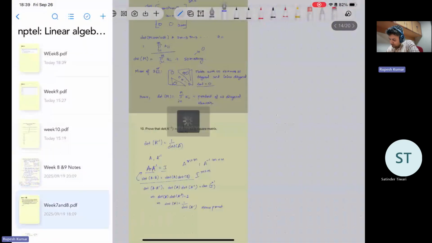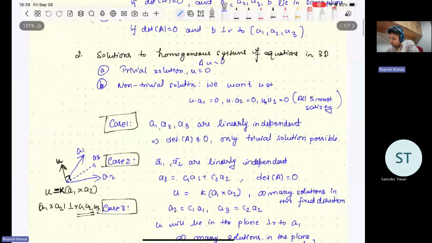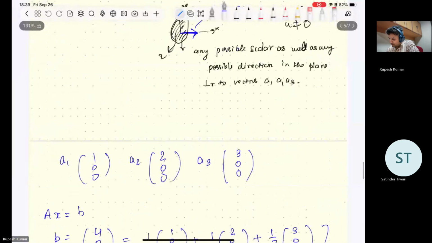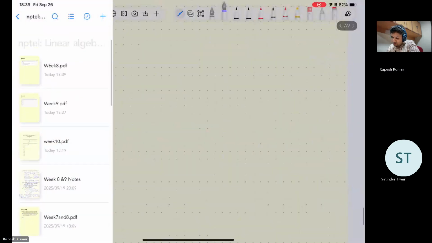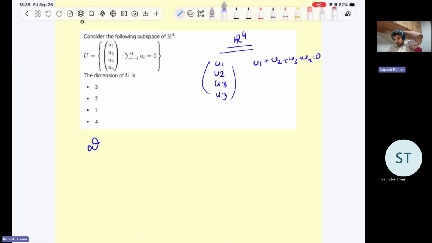Dimensionality essentially means the number of vectors that span that space, right? So now, can we comment on the dimensionality of this space?